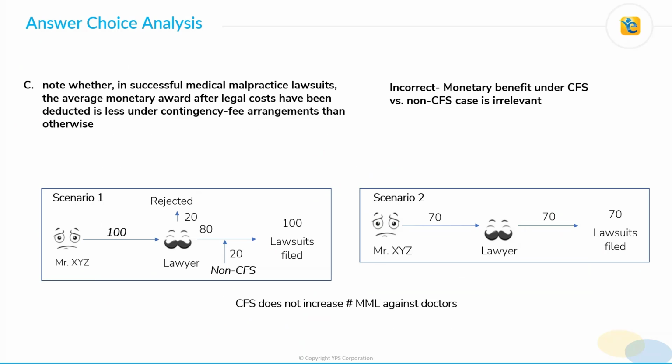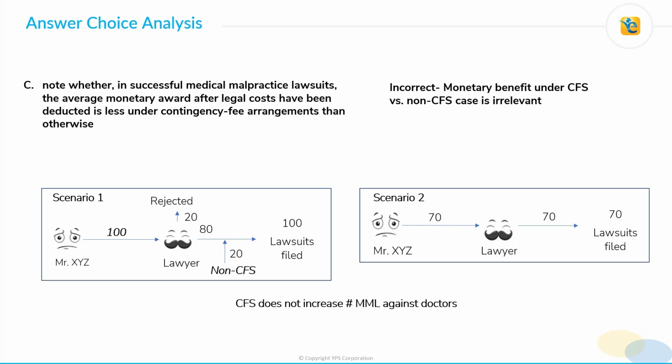Coming to choice C, which is the most popular incorrect answer choice. Choice C talks about the monetary benefit after winning a CFS case versus the monetary benefit after winning a non-CFS case. Now, we don't know who will be getting this award, whether it is the client or the lawyer.